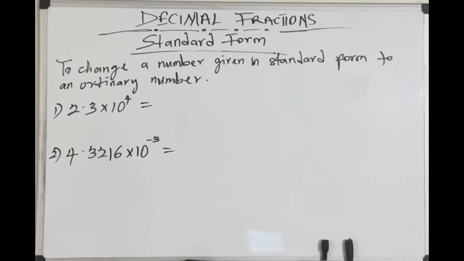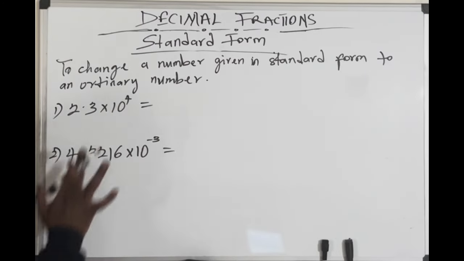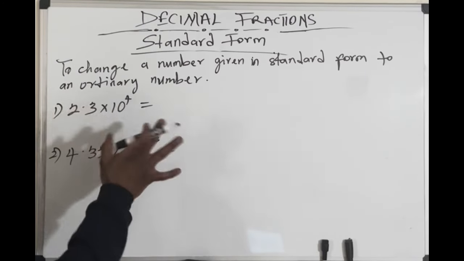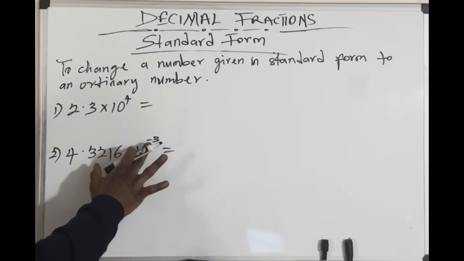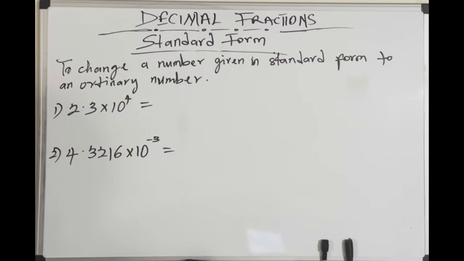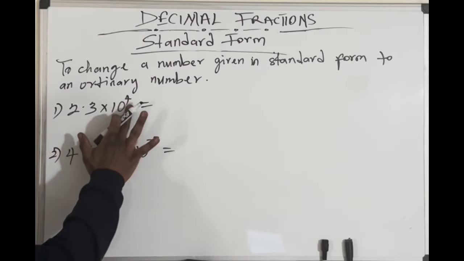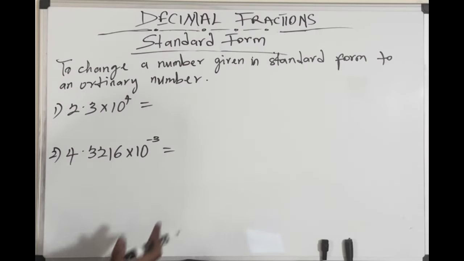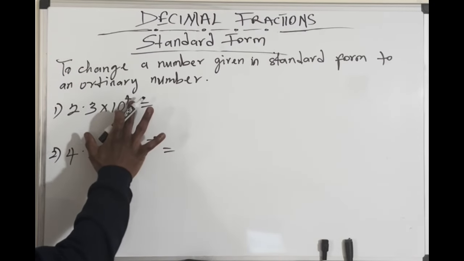So to change a number given in standard form to an ordinary number, what you have to know is whenever you see that the power is positive, then move the decimal point towards the right. When it's negative, move towards the left. So this time around it's positive 4. So move the decimal point towards the right. How many times? 4 times.